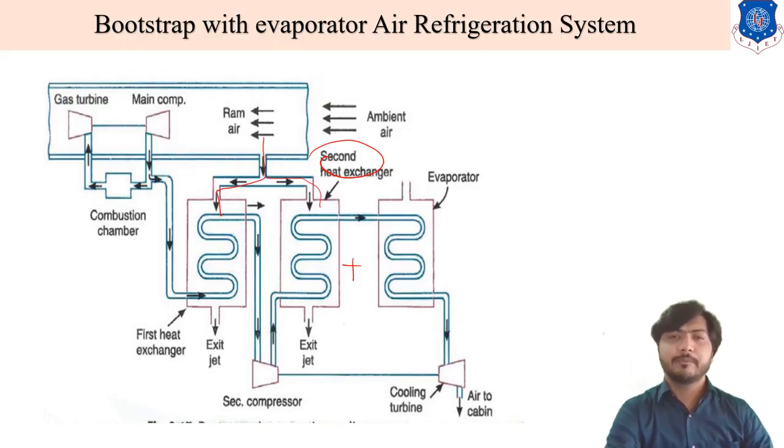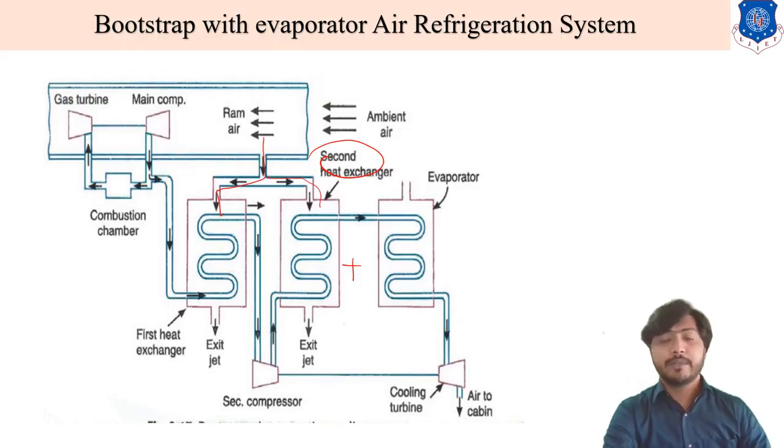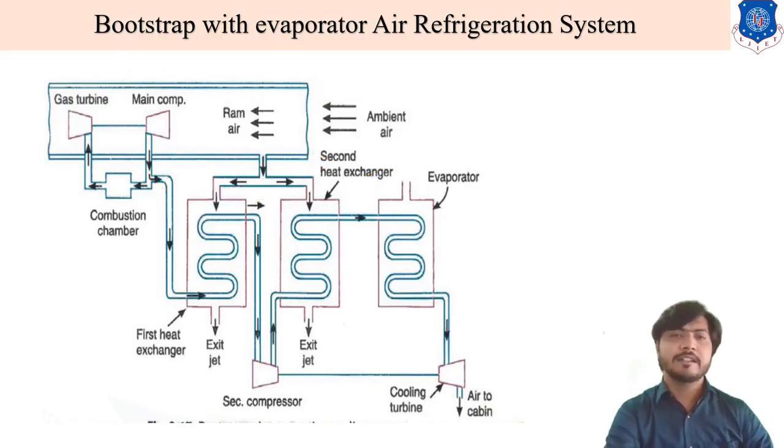That's why the temperature decreases, but the pressure in these two heat exchangers is different, because the pressure is very high in heat exchanger 1, like in compressor 1, and in heat exchanger 2 the pressure is that of the secondary compressor.